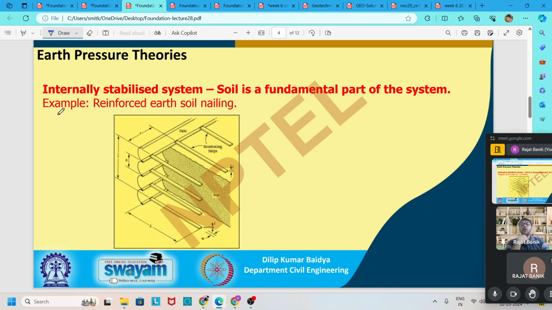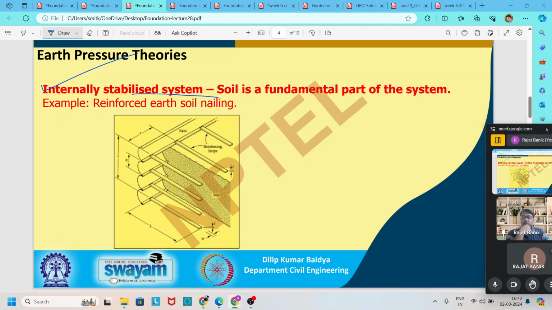Another type is the internally stabilized system, where the soil is a fundamental part of the system.